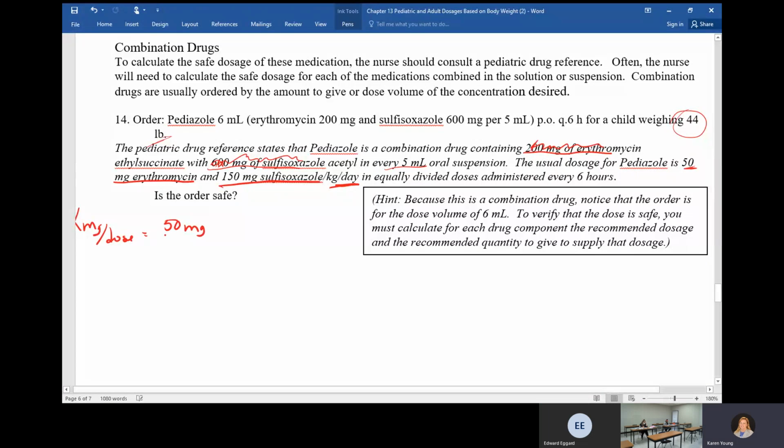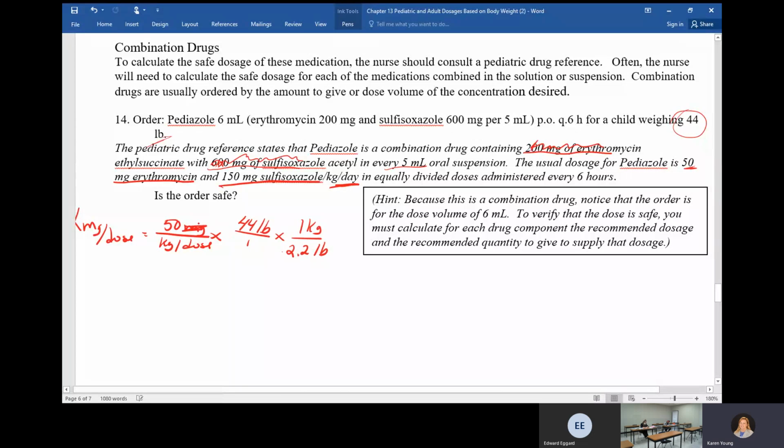Times the 5 milliliters. Times the weight, 44 pounds. And that gives me my milligrams per dose.